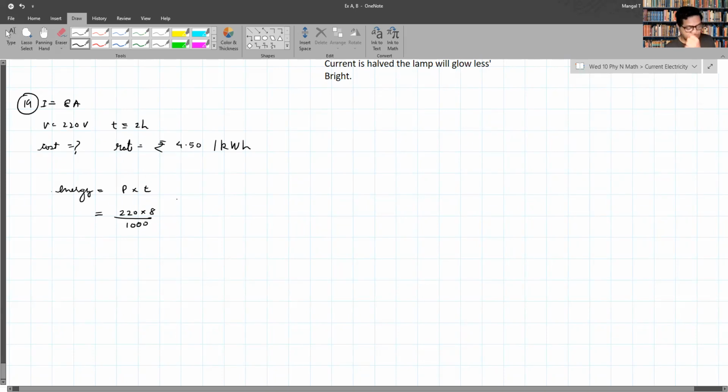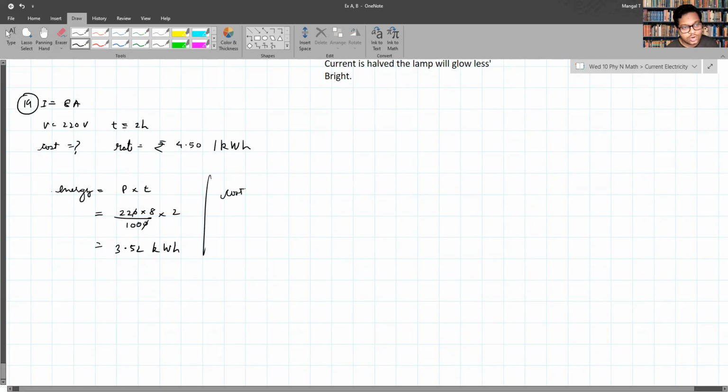If I divide this by 1000, I will get kilowatt. And the time is 2 hours. So that will be 3.52 kilowatt hour. That will be the energy.